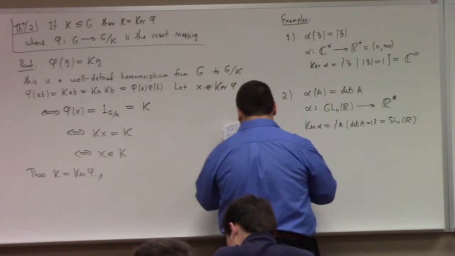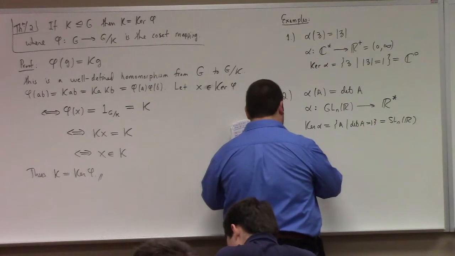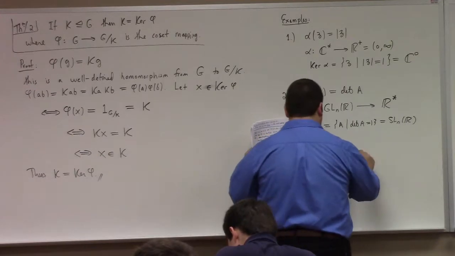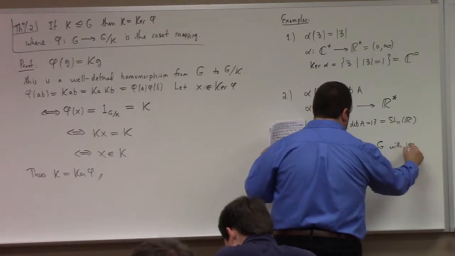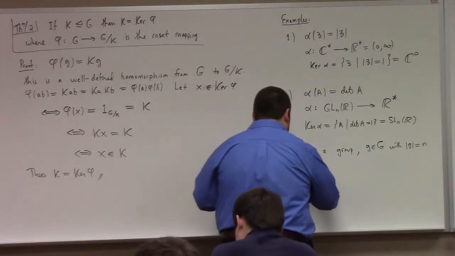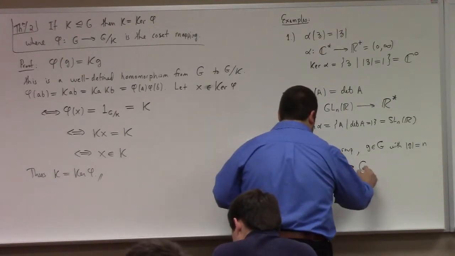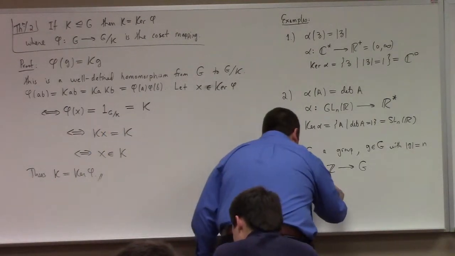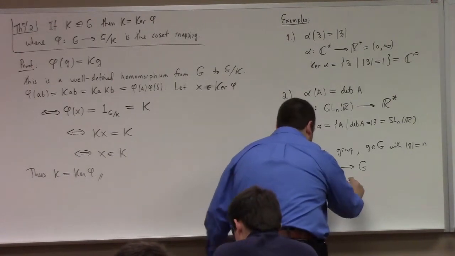Three. I guess it's a question of division of labor. G a group, and if we have g in G with the order of g being n, then we can define alpha from the integers to G by alpha of k equals g to the k.